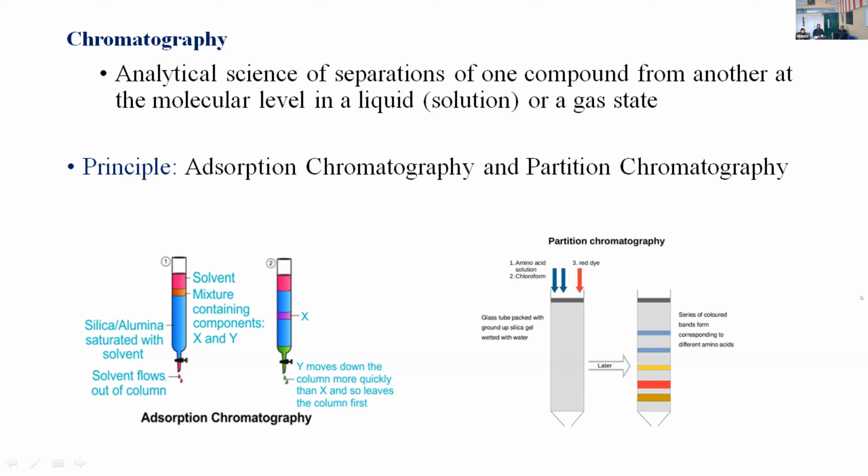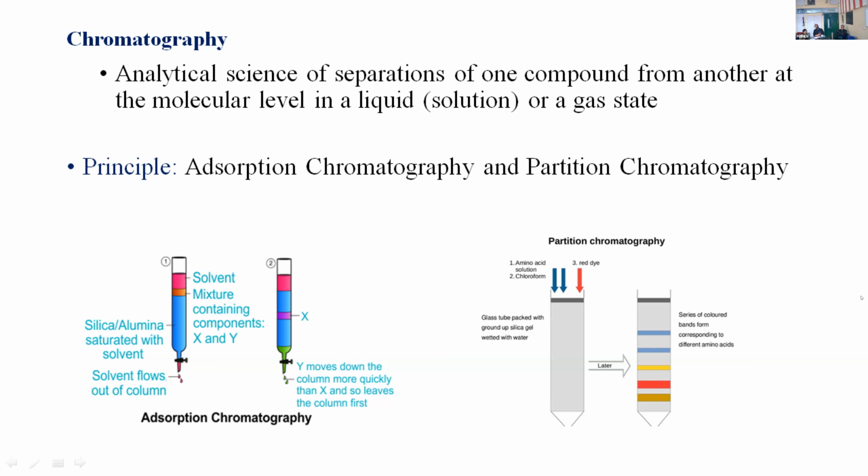So the analytes are separated on the basis of their different degrees of affinity to adsorb on the stationary phase, and that affinity of adsorption leads to the difference in the rate of movement of the molecules throughout the column, and further it leads to the separation.